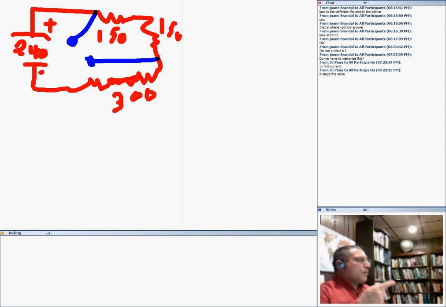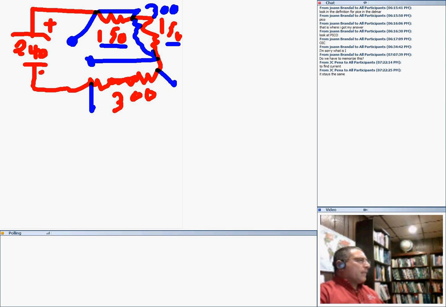Now, if you don't know that rule, you will find the current and multiply the current by the resistor to find the voltage. Now, a hint, guys. If you add these two resistors together, what do you get? If you add these two together, right in here, you get 300, right? Now, bring to your attention that this is the same value.